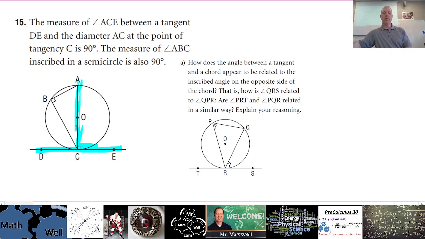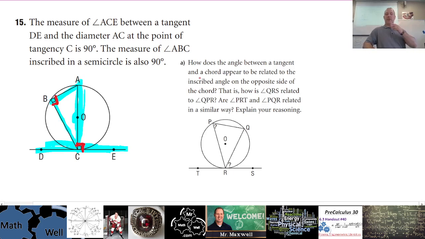So they're just explaining what you see in the diagram. We know that. This is a radius, and that follows from what we learned the other day. The measure of ABC inscribed in a semicircle is 90. It's also 90. So these two are the same.